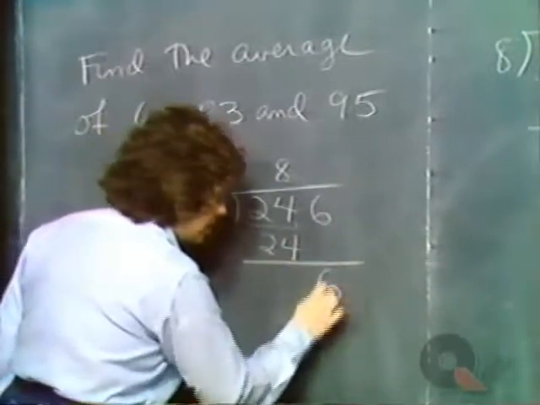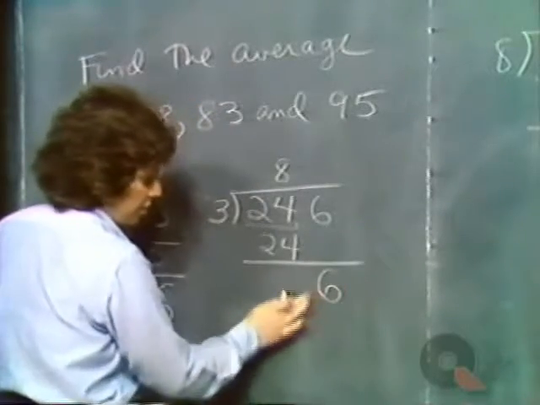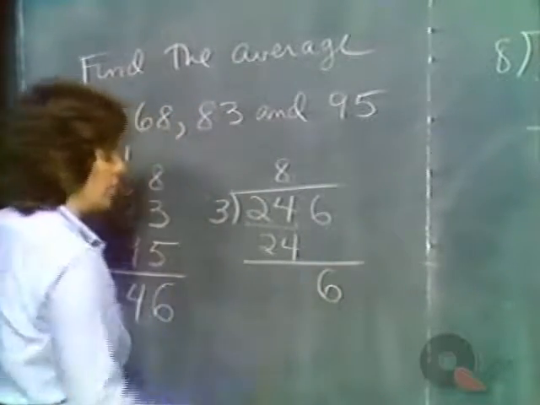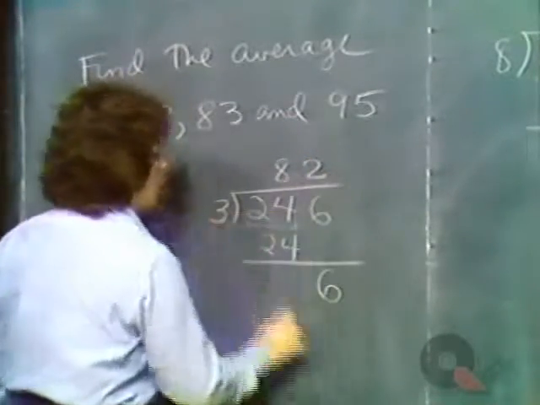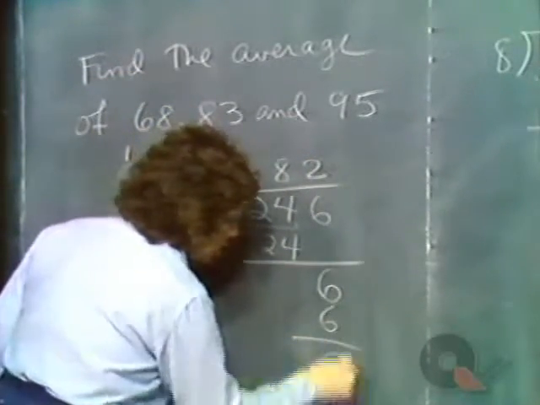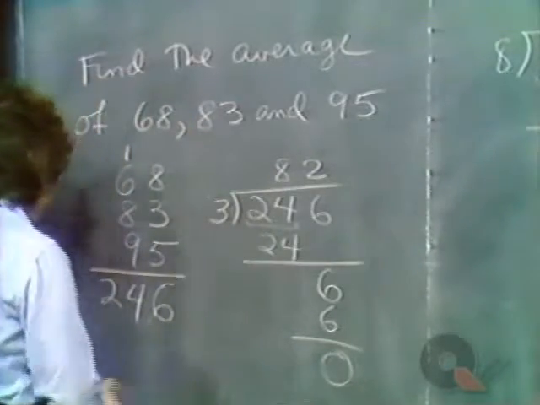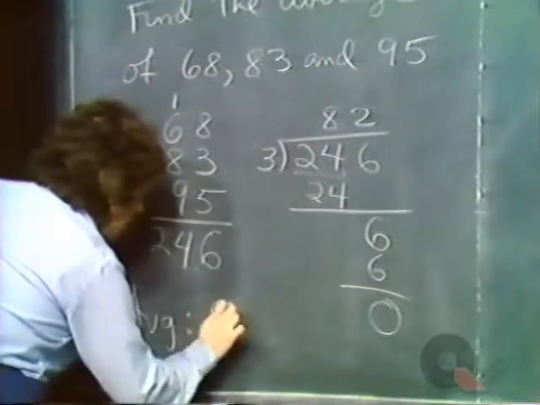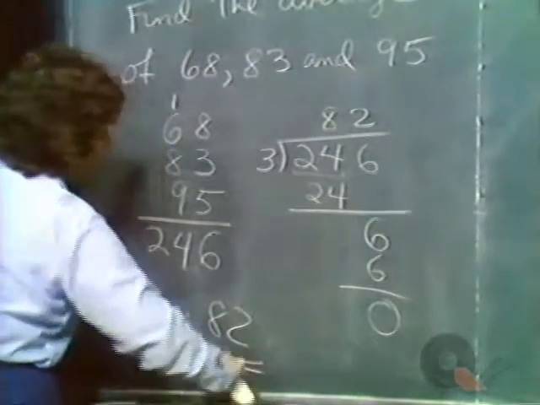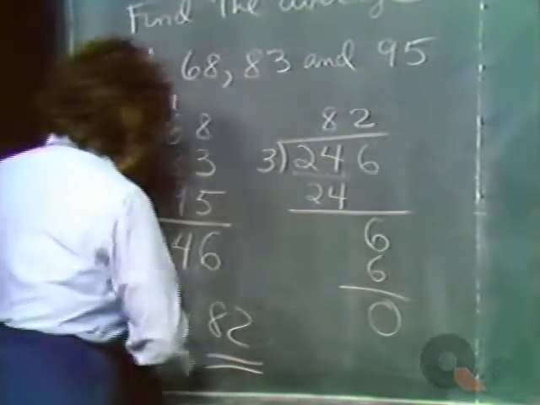We bring down the next digit, because 06 is the same as 6, so we really don't need the 0 to the left. How many times does 3 go into 6? Twice. 2 times 3 is 6. We subtract, we get 0. So the answer, the average, is 82. And that's what you would look for in the multiple choice.